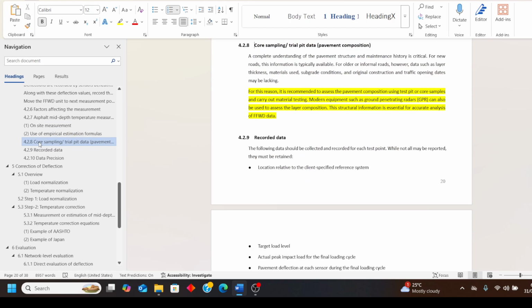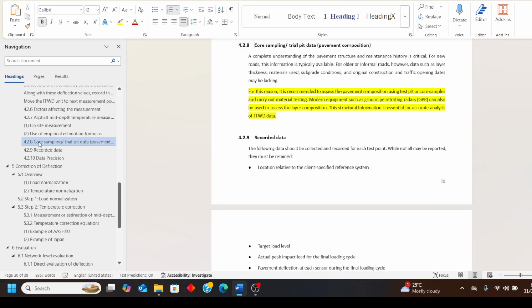Then we have the core sampling, or I would say the trial pit data. Pavement analysis basically needs the layer thicknesses and the material properties. For new roads, design drawings are often available, but for older roads, data is usually missing.